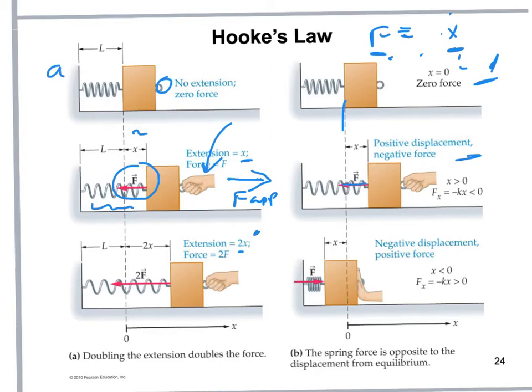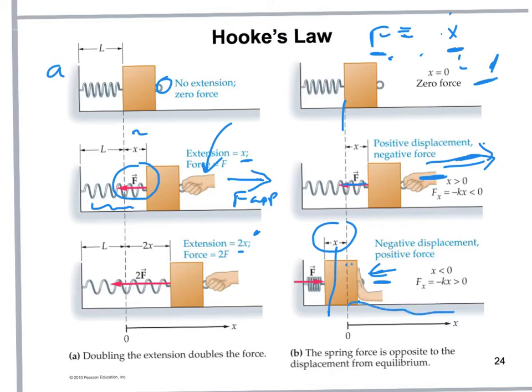But when you do the opposite and compress it, you now have a negative x. It's now on the negative side, but here you have a positive force. This force here is still positive, and so is this force here.